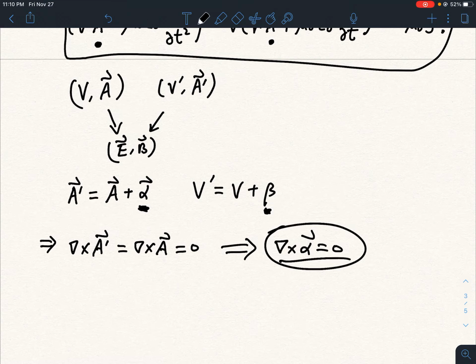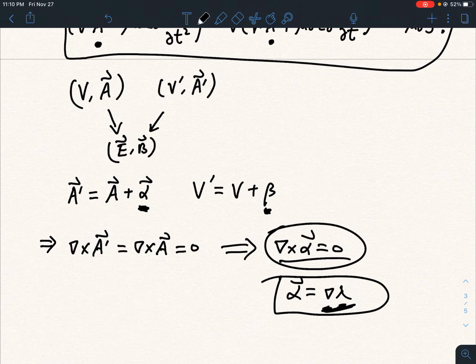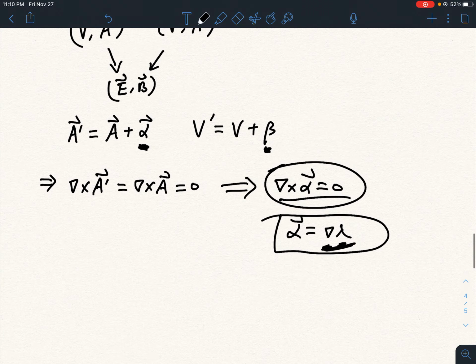Because it satisfies this condition, we can write it down as the gradient of another function lambda. So alpha cannot be any vector. It has to be the gradient of a scalar function. This is what it tells us.